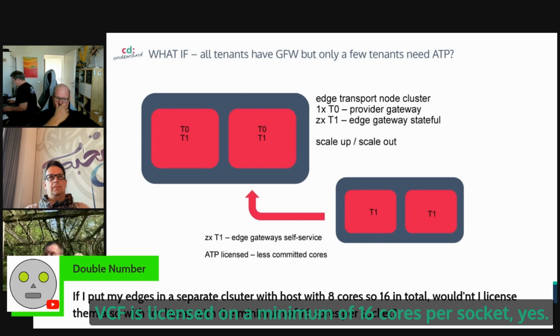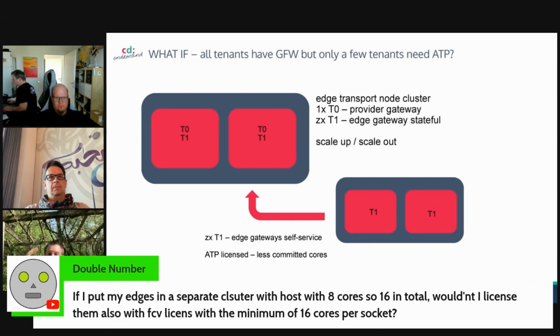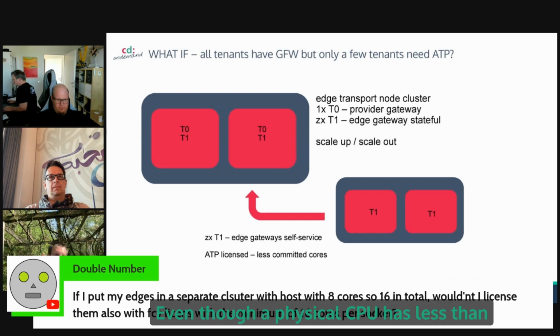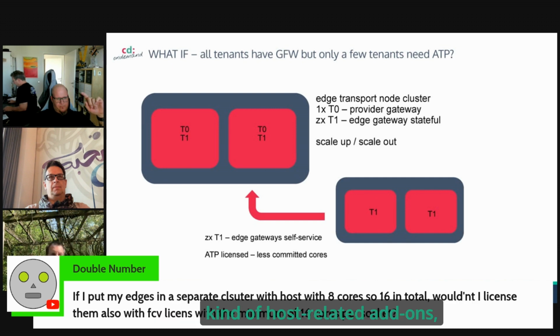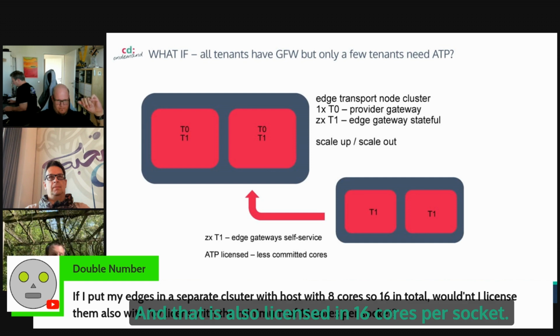VCF is licensed on a minimum of 16 cores per socket, yes. Even though a physical CPU has fewer than 16 cores, still 16 cores of VCF are licensed. The same for the host-related add-ons, which is the distributed firewall. That's a host-related add-on, and that is also licensed at 16 cores per socket.